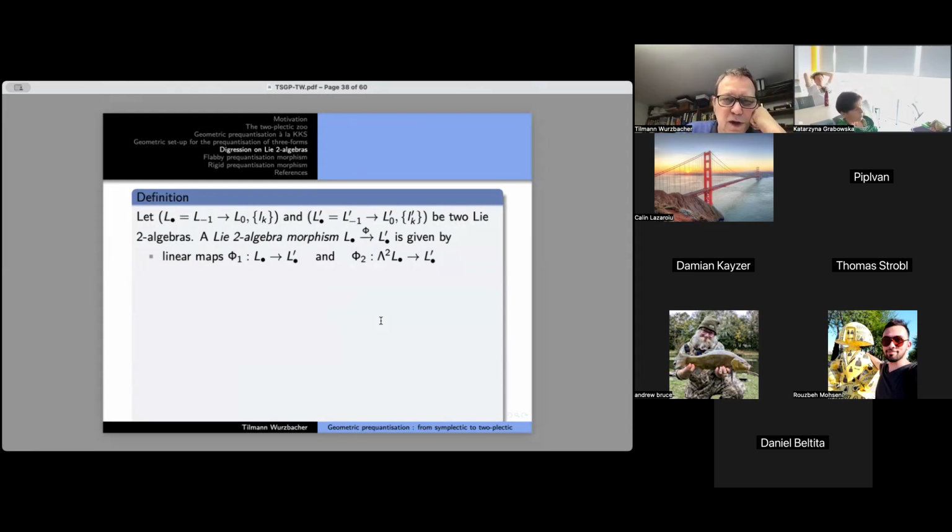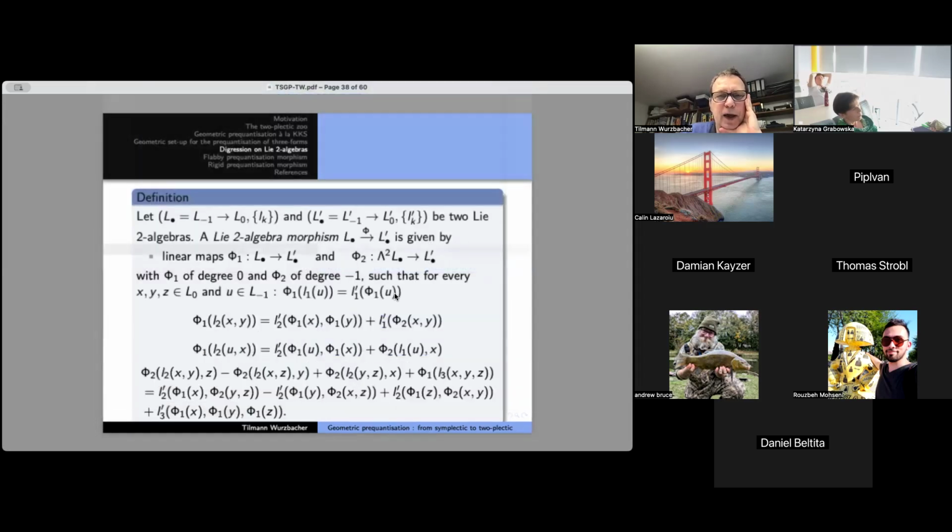So I take two Lie 2-algebras. Then a morphism is given, first of all, by a morphism of complexes. This is a phi 1, which has degree 0. And then I have a correcting term, which I write in a diagonal way. And they have to have a lot of compatibilities, which I do not want to discuss, but it's natural.